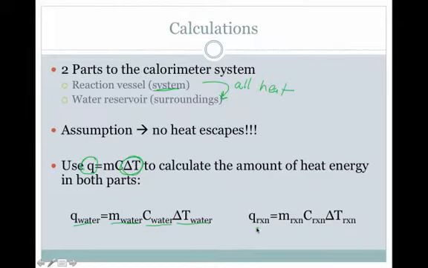Likewise, the heat from the reaction corresponds to the mass of material in our process times the specific heat of that substance, and then finally the delta T of our process as well. We can think of this as happening as two separate things, and again, we can get all of this data from the actual calorimeter itself.